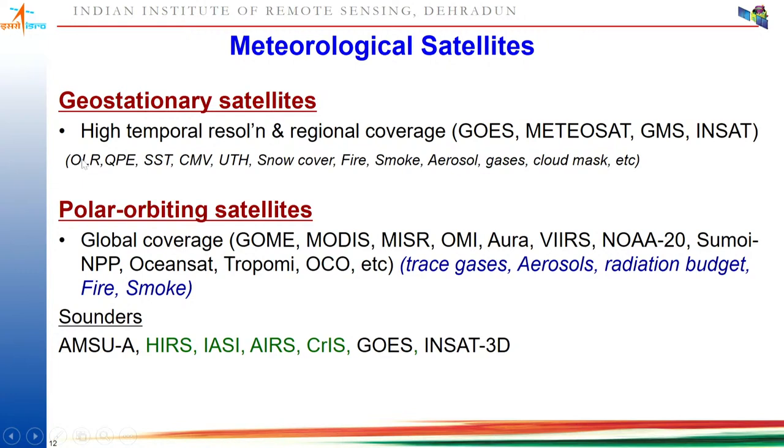And this is also widely used for the forecasting of rainfall. That is the rainfall estimation, the quantitative precipitation estimation. So rainfall can also be indirectly measured or estimated from the satellite sensors.